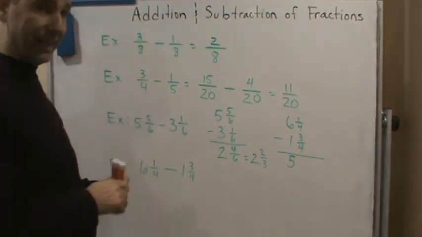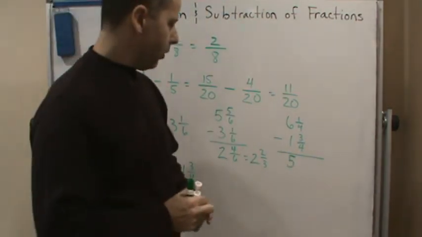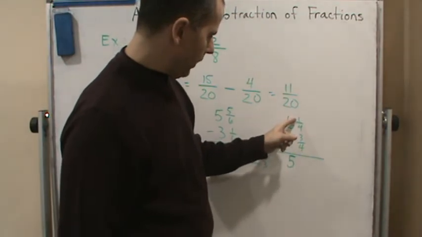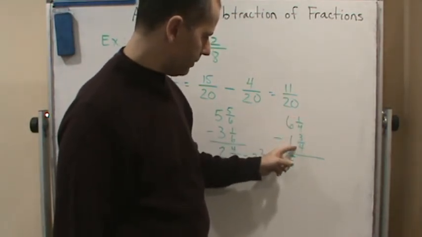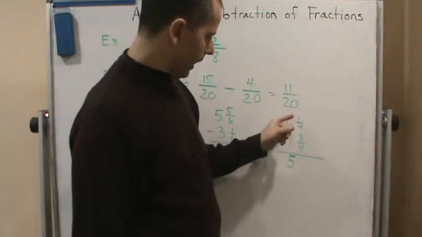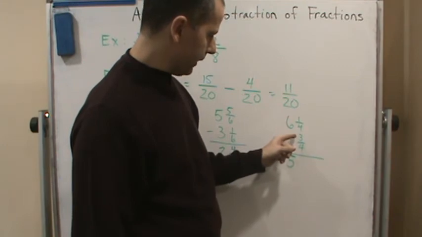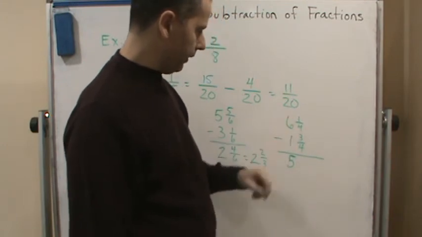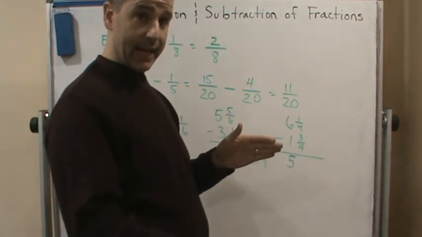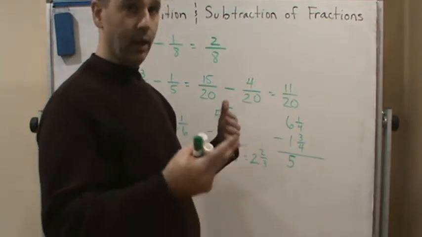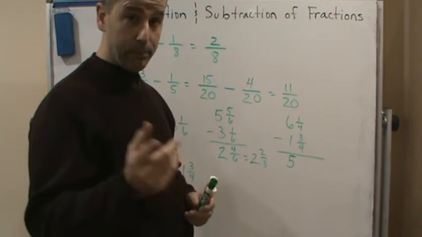Now here's where you have to be careful. Notice that I'm taking 1 minus 3. They're the same, right? Common denominators, but I have 1 up here and I'm trying to subtract 3. Can I take 3 away from 1? No. If I only have 1/4 of something, can I take 3/4 away from it? No. So here's where I'm going to borrow.